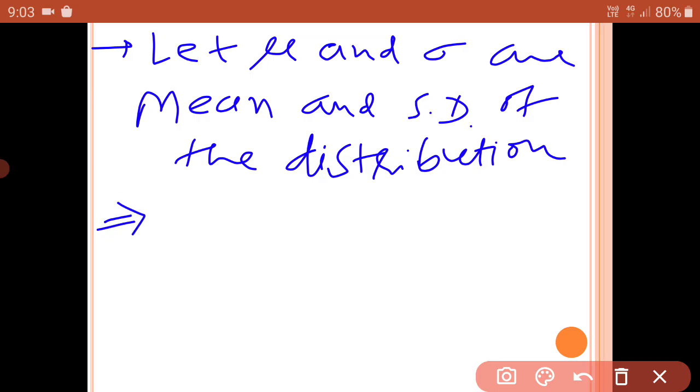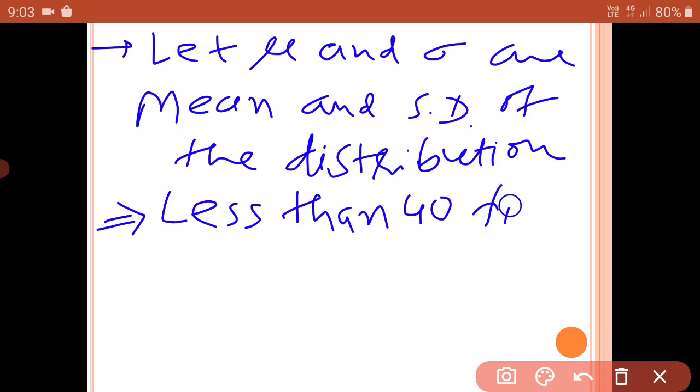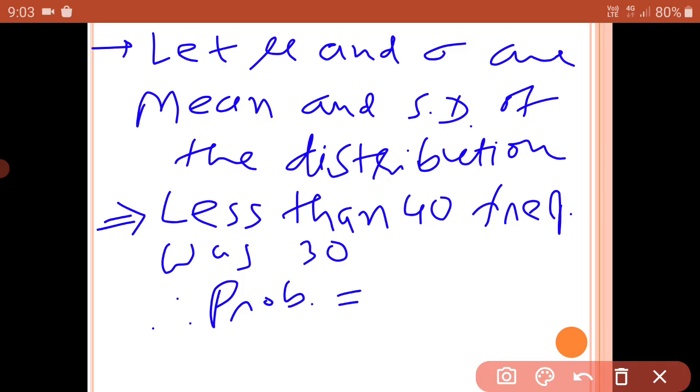After that, the first point is less than 40, frequency was 30, so the probability is 30 upon 100 because the total frequency was 100.